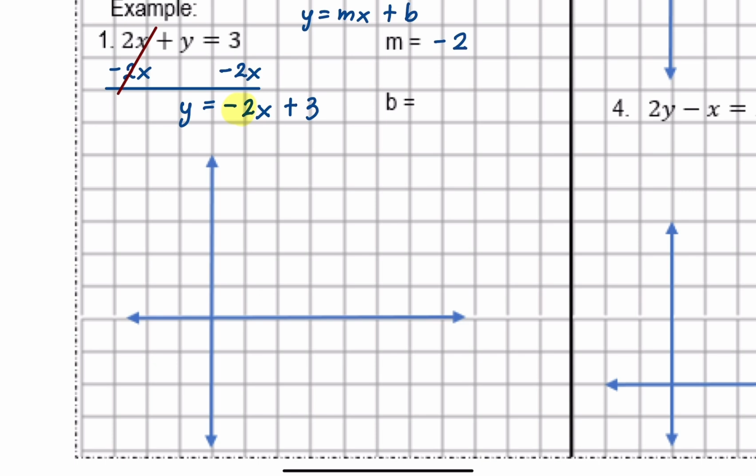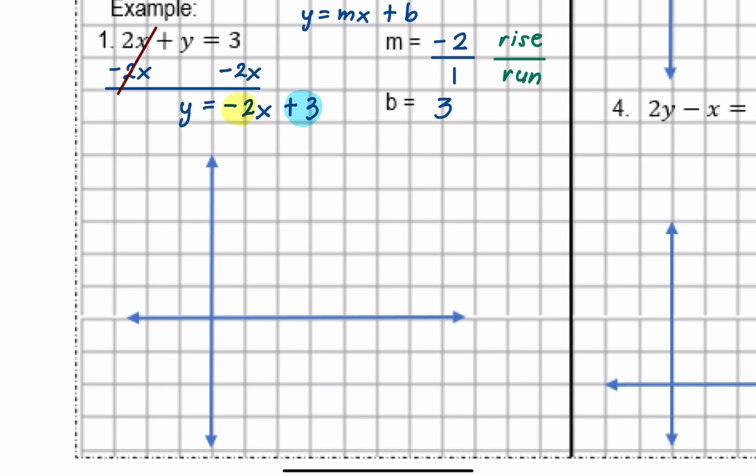And then our y-intercept is the constant, which is positive 3. So again, class, for our slope, we need numerator and denominator. Since our slope is negative 2, the denominator is implied as 1. So if there's no given denominator, it's always 1. So we know that our numerator is negative 2, which is our rise, over 1 as our run.